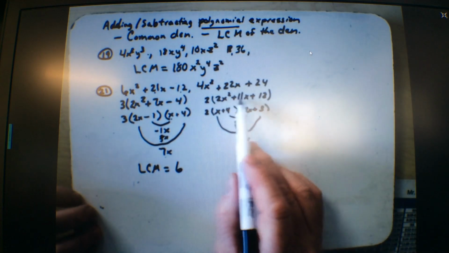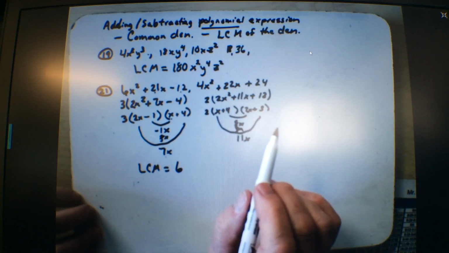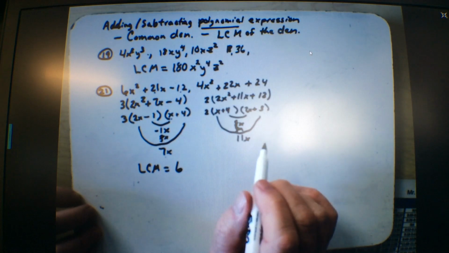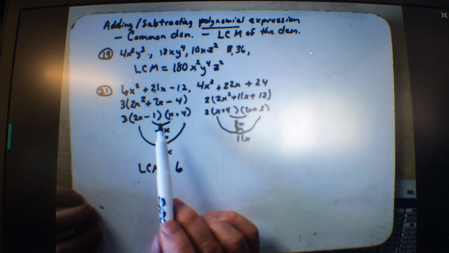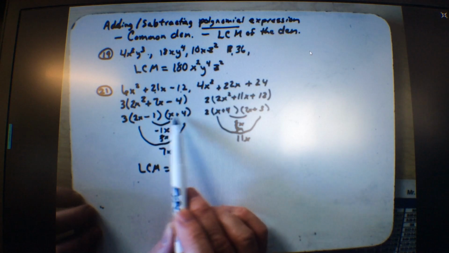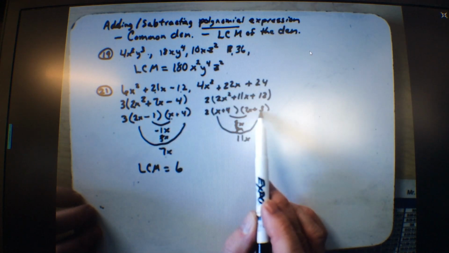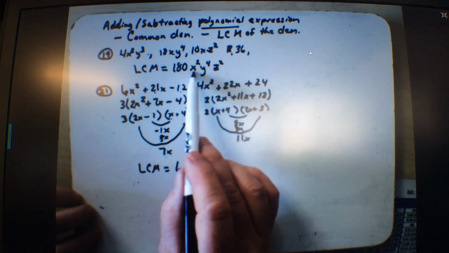No, because these are both plus. Now, there are 3 different factors. There's this factor, 2x minus 1. There's an x plus 4, and there's a 2x plus 3. We want the most of everything, just like up here.